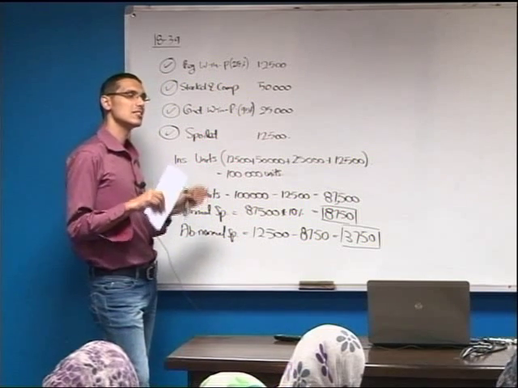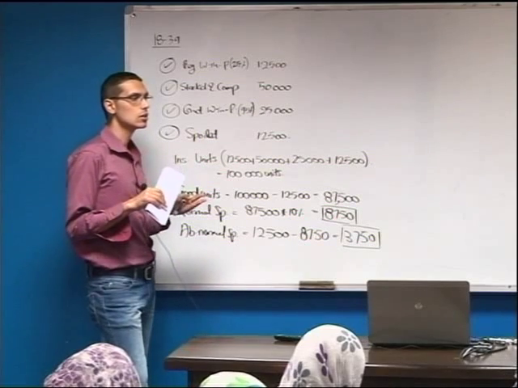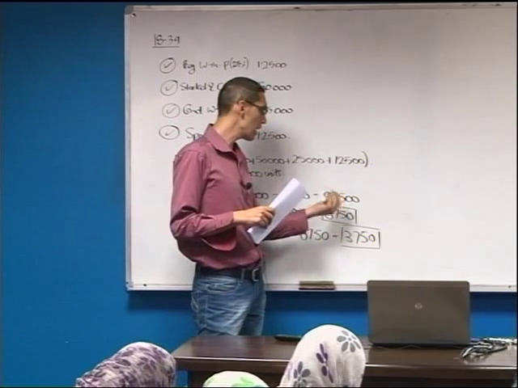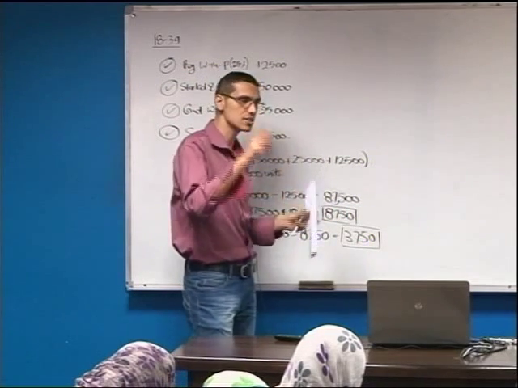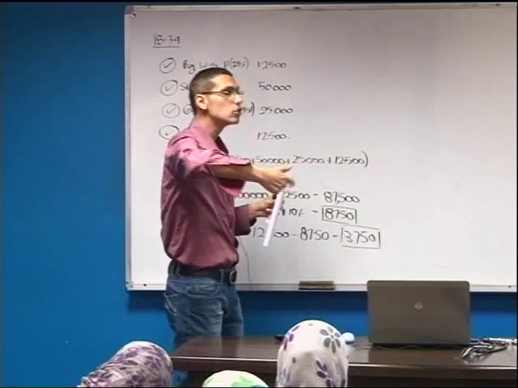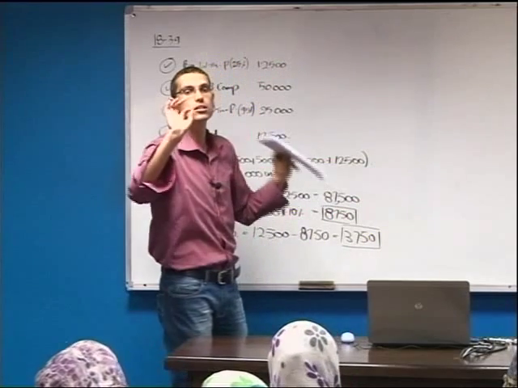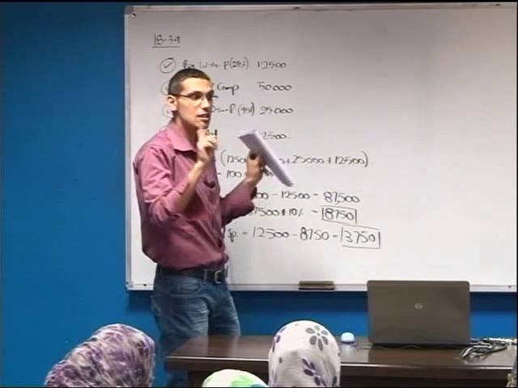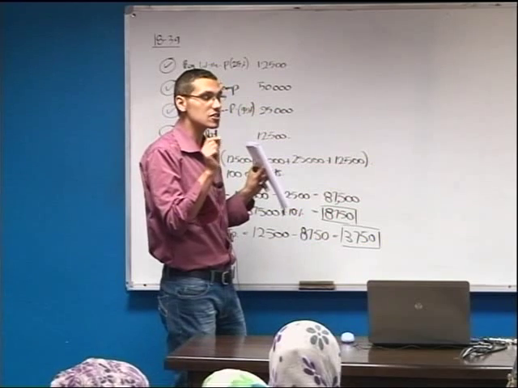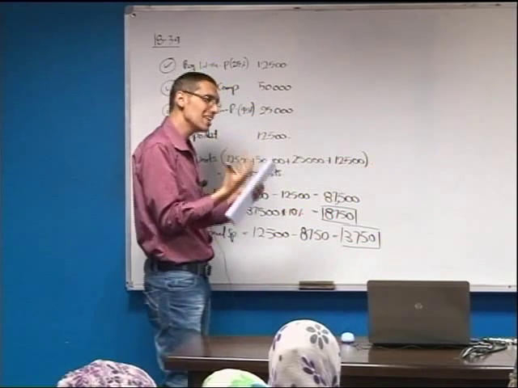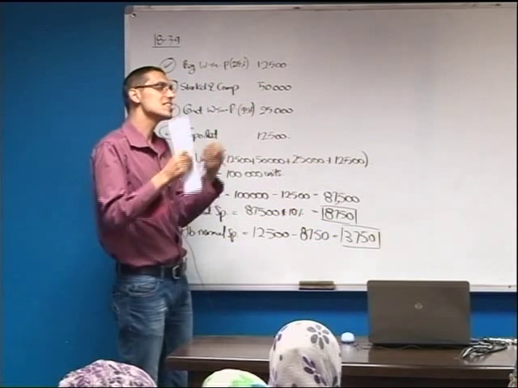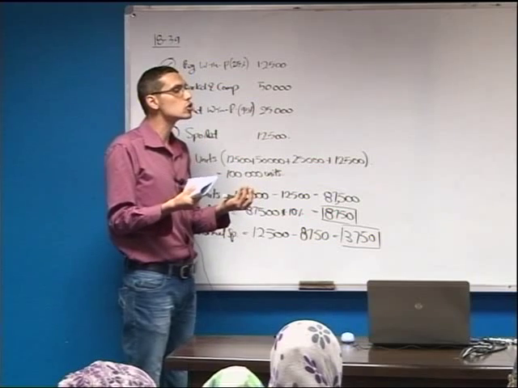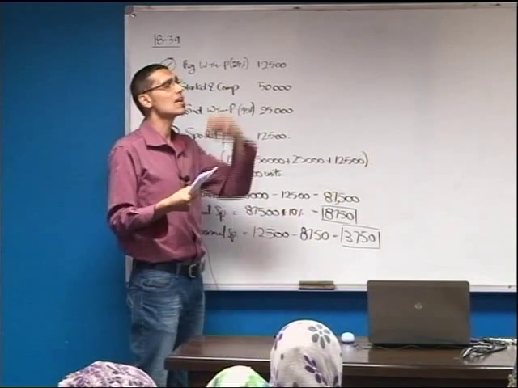The normal spoilage, consider it as good units, or the costs of these units, which are the 8,750, will be considered as an addition to the cost of the good units, whether they are completed or not. This is one point that we have discussed earlier: do we need to add some of the normal spoilage costs onto the ending work in process?